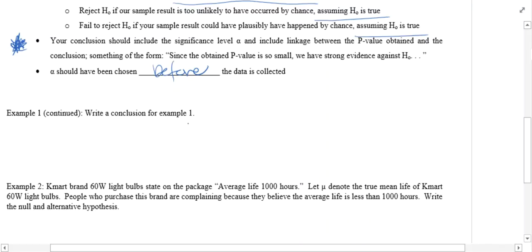Okay, so what we're going to write as our conclusion here is: since our p-value is less than or equal to alpha, which was 0.05, we reject the null.